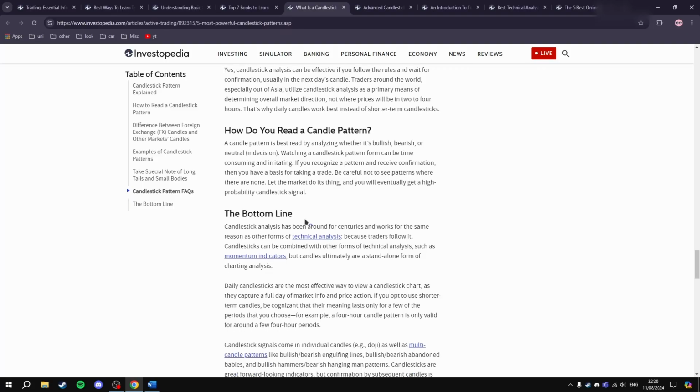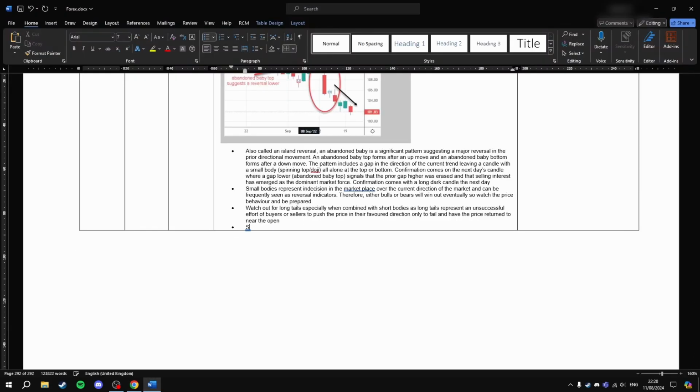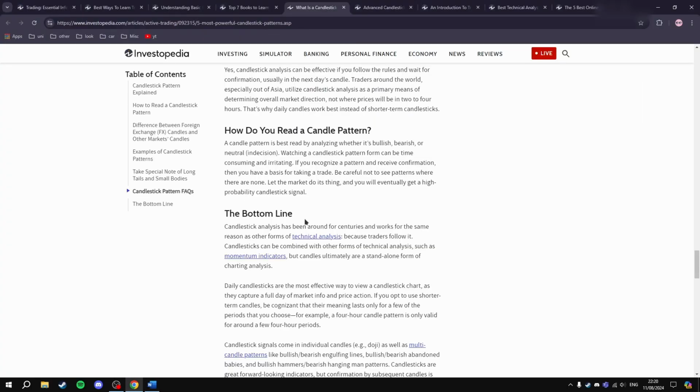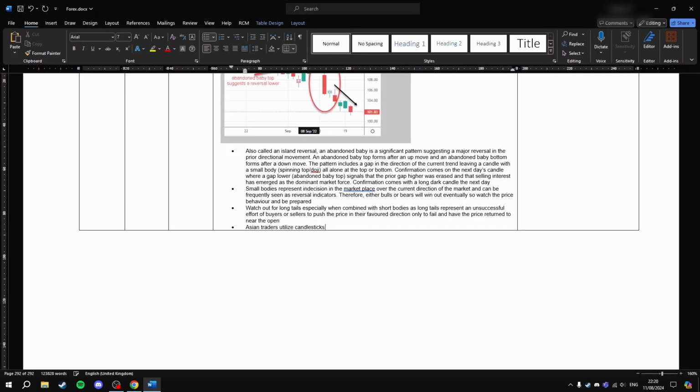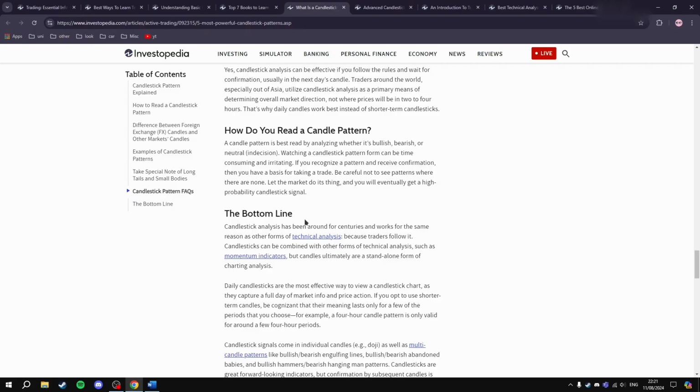Asian traders utilize candlestick analysis as a primary method to determine the overall market direction.